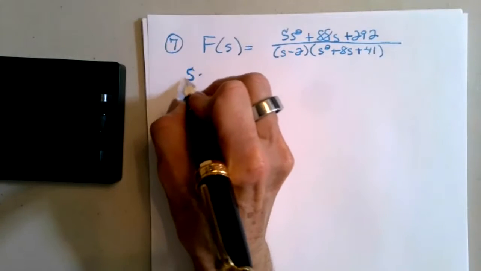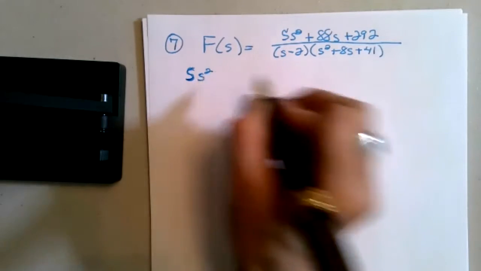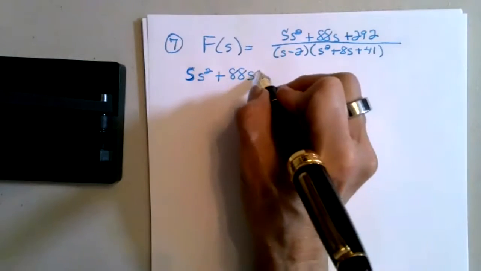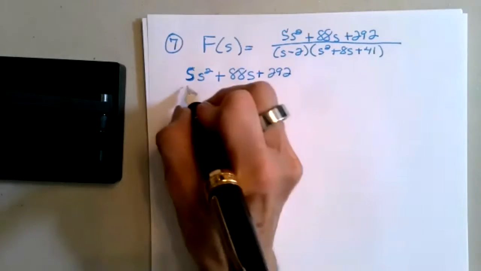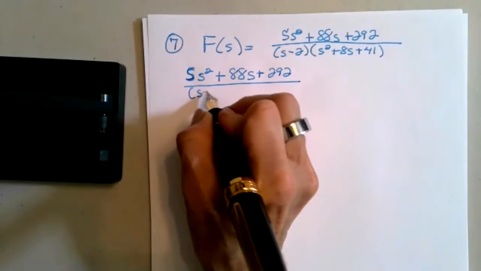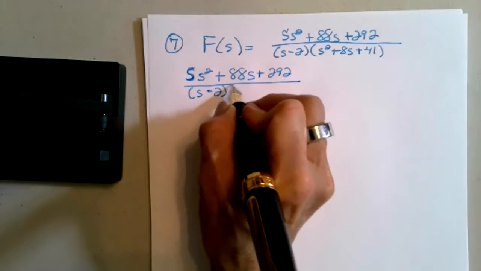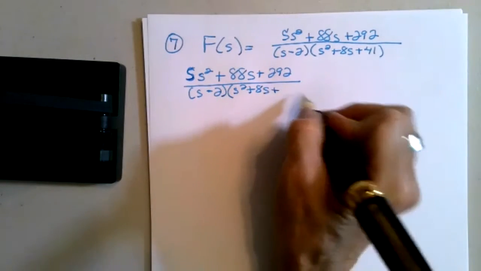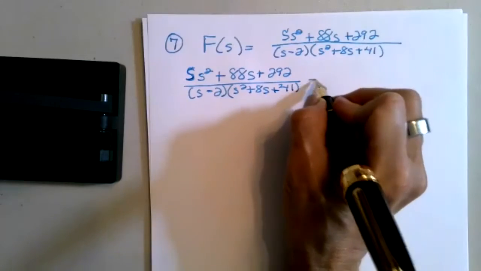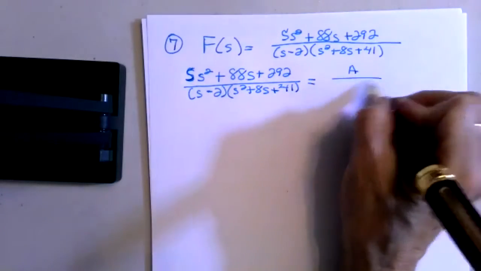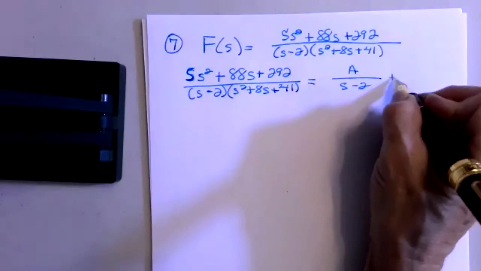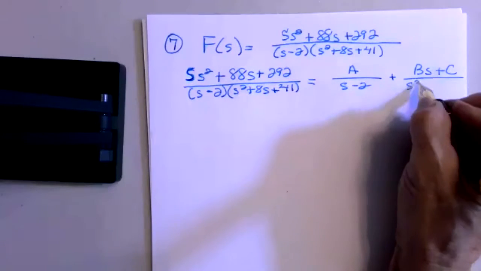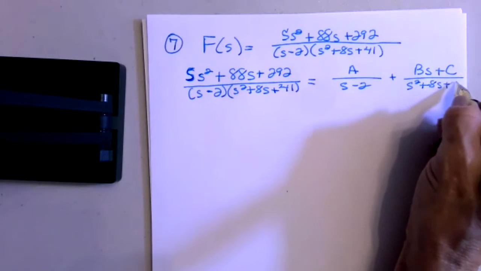So we're going to write this as (5s squared plus 88s plus 292) over (s minus 2) times (s squared plus 8s plus 41), equal to A over s minus 2 plus (Bs plus C) over (s squared plus 8s plus 41).